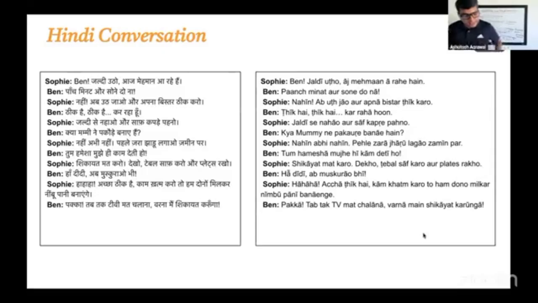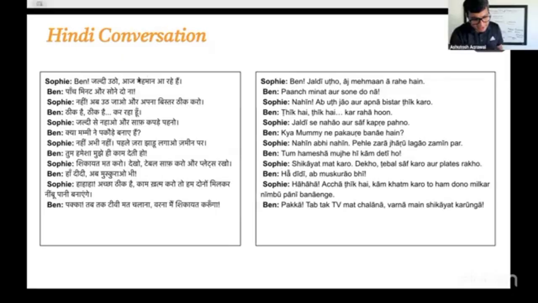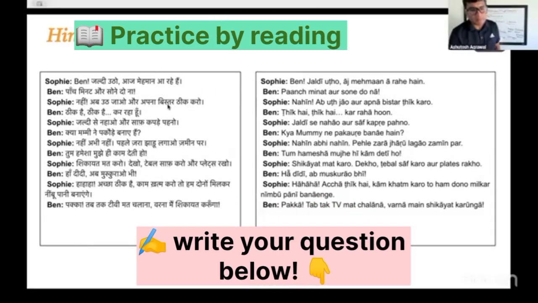You guys read this. Beautiful. There are new words here. So mehman is guest. Pehenna is to wear. Kapde is, as you know, clothes. Jhadu is a broomstick. So instead of that, pehle zara vacuum karo. You can simply say vacuum karo, but jhadu is like the traditional broom that you use.